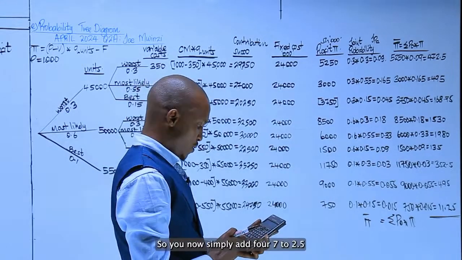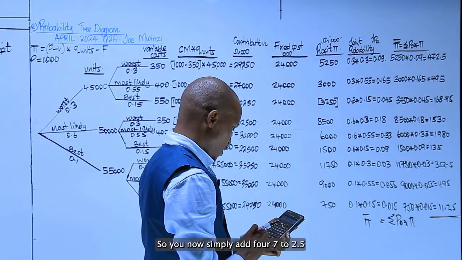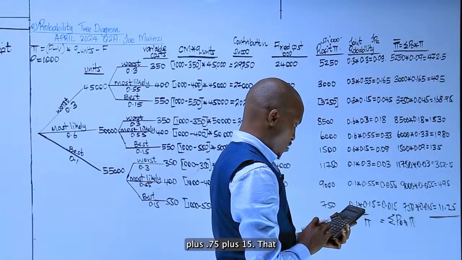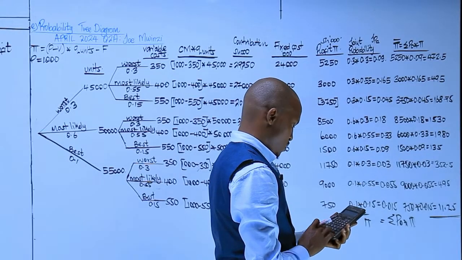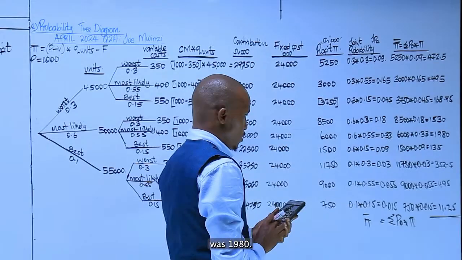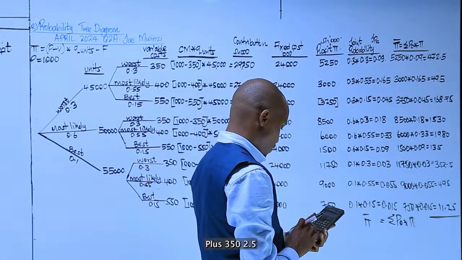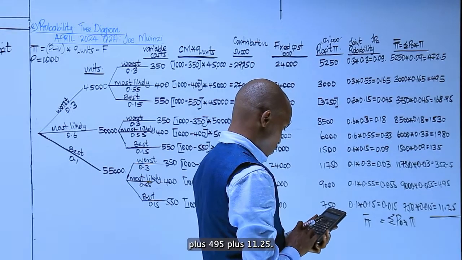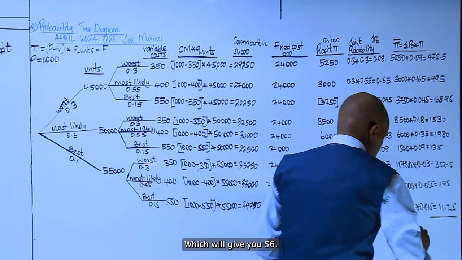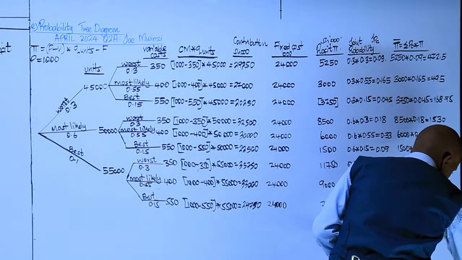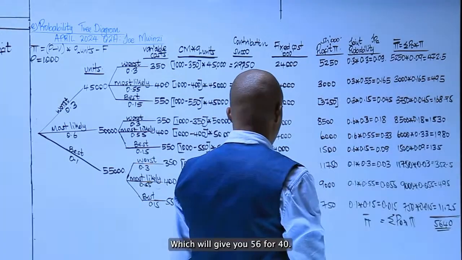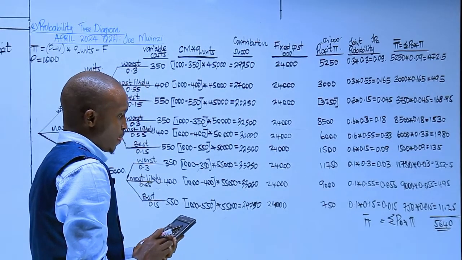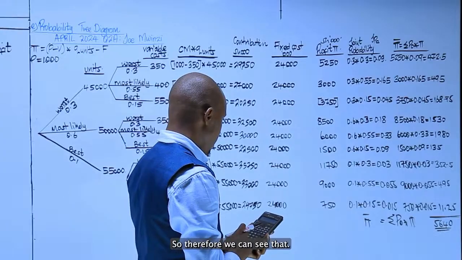So you now simply add 472.5 plus 495 plus 168.75 plus 1530 plus 1980 plus 135 plus 352.5 plus 495 plus 11.25, which will give you 5640.